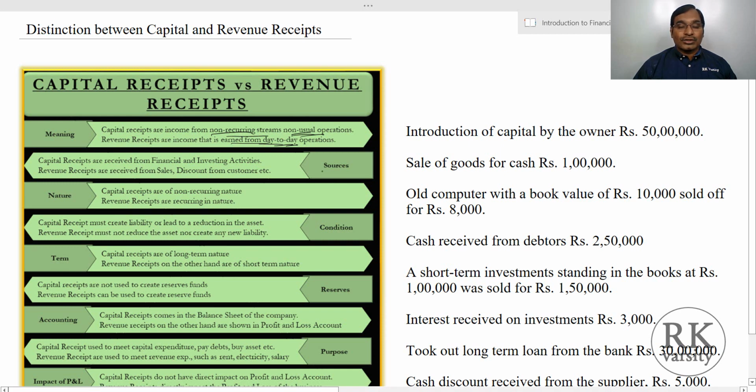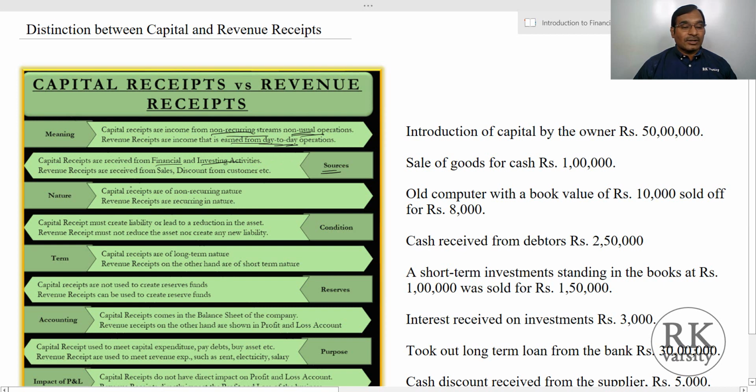The sources of receipts: capital receipts are received from financial and investment activities. Financial, in the form of owner's equity or borrowings, or by issuing debentures, notes, etc. When it comes to investing activities, investing in a project, or selling a project at a higher price and gaining long-term gains or losses, that is a source for capital receipts.